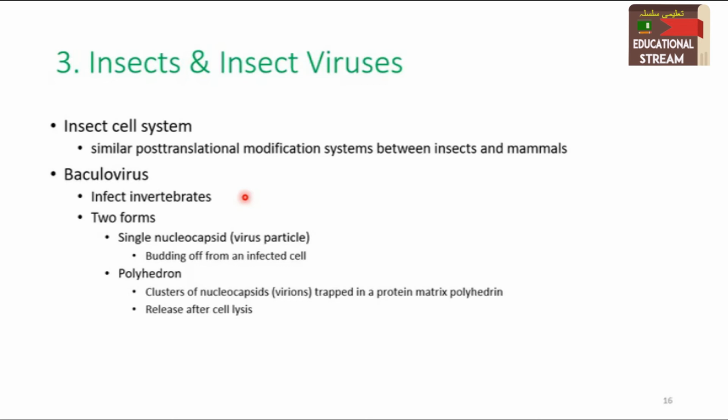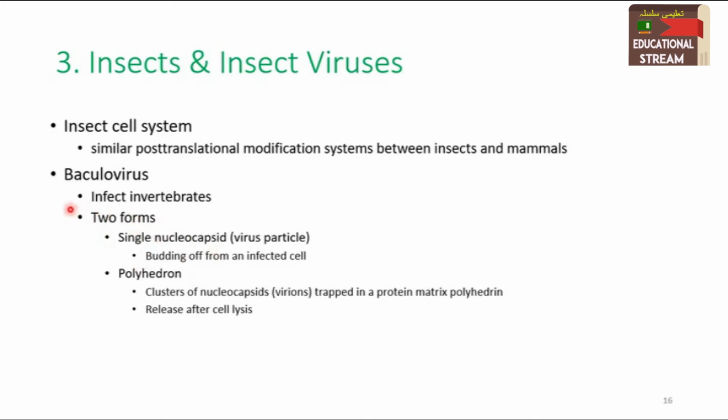So the genes for both of these proteins can be replaced with the gene of a heterologous protein. And when the resulting recombinant virus is used to infect the insect cell or larvae, the heterologous protein is often produced at high level, up to 25% of the total protein present at the end of the infection cycle.